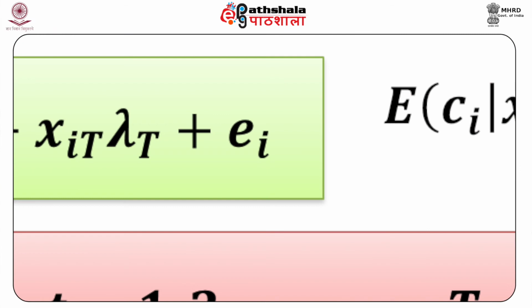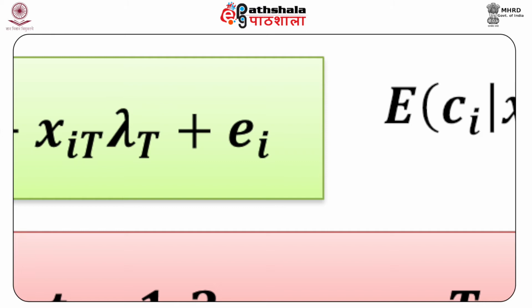Step 2. The residuals are transformed using the forward orthogonalization transformation employed by Arellano and Bover. e_it star is equal to the square root of (T minus t) divided by (T minus t plus 1), times the bracket e_it tilde minus e_i,t+1 tilde plus ... plus e_iT tilde divided by (T minus t).